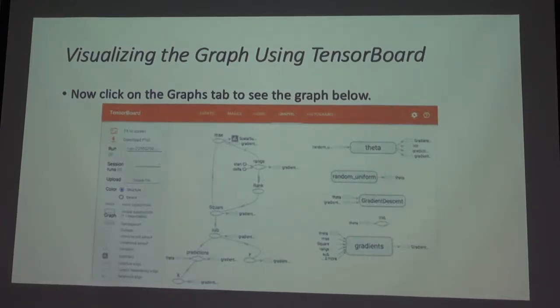So, okay, now you get an idea of what TensorBoard looks like.